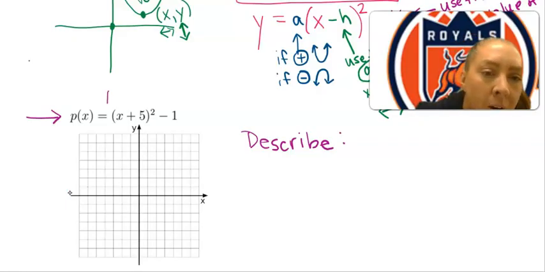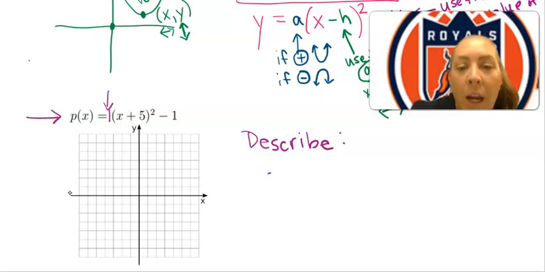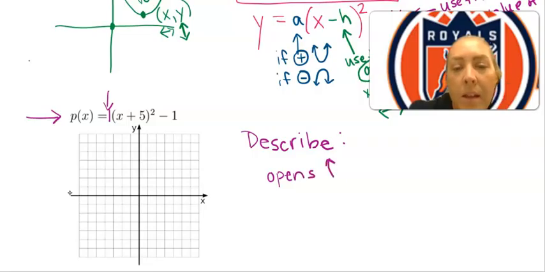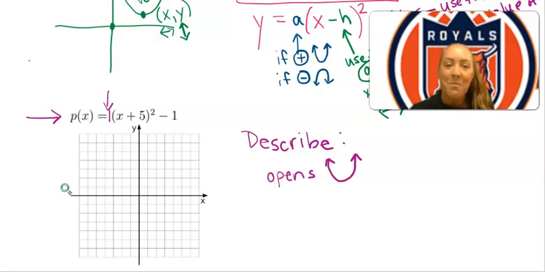I want to look in front, and when there's not a number there, we can let that be a 1, and by default it's positive. So because the number in front is positive, we know that the graph opens up. So if we were matching a graph, we'd be able to eliminate some, okay?